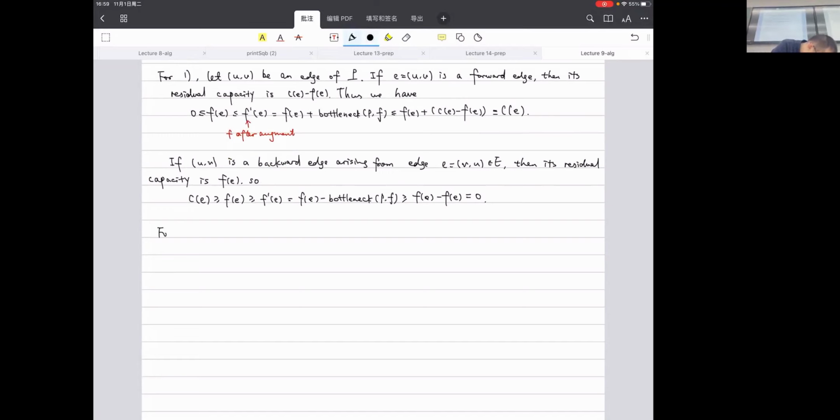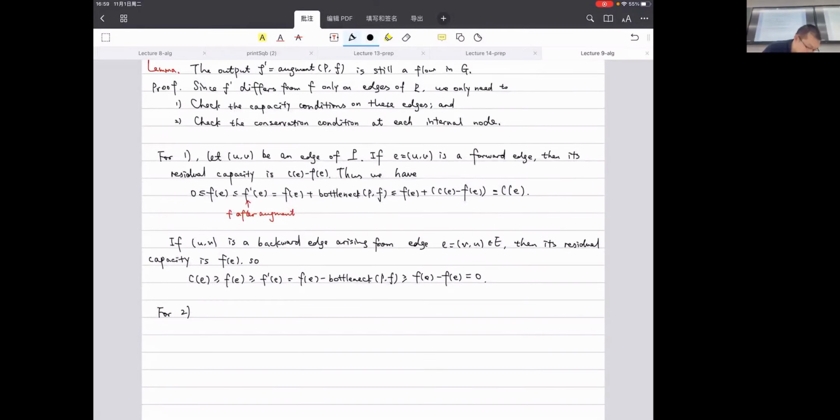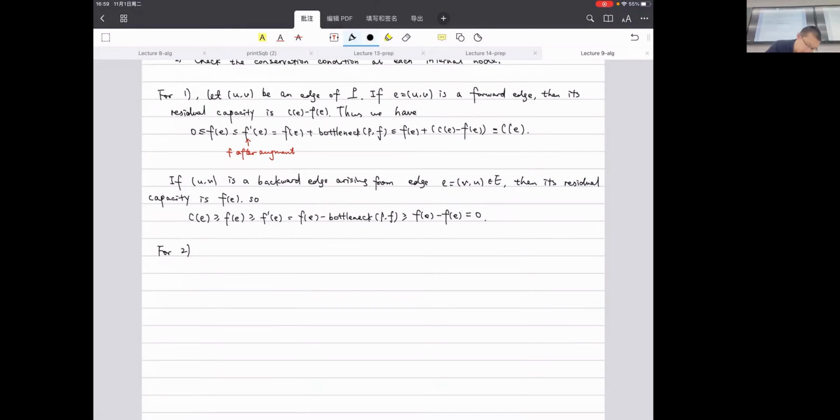For the second point, the conservation constraint is still going to be satisfied. Because we are talking about the s-t path P here, it suffices to consider v an internal node. The argument is quite straightforward.